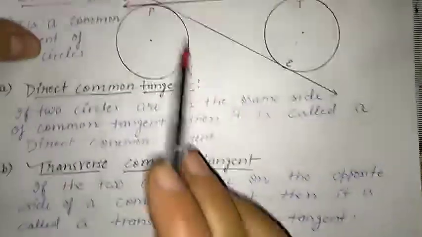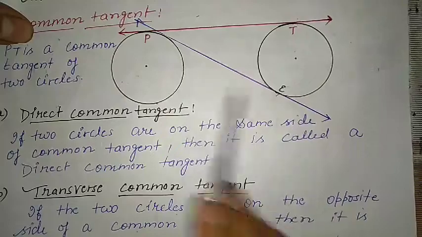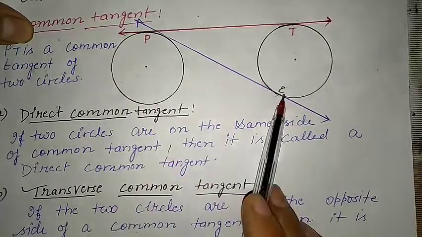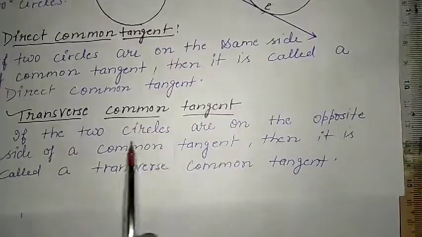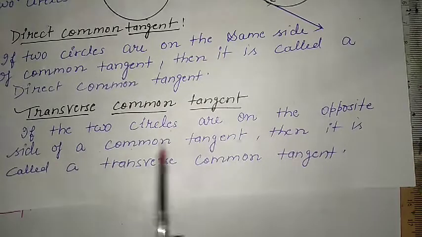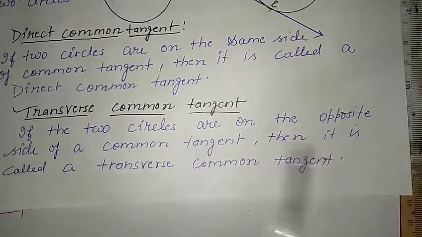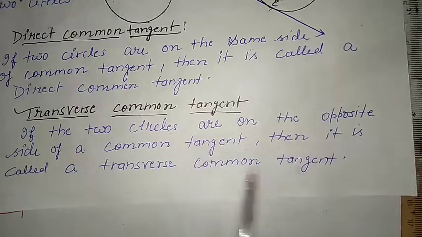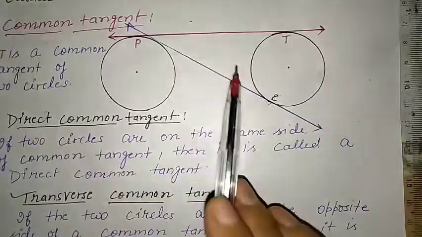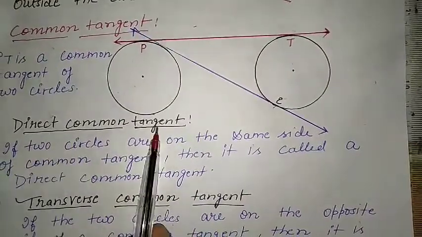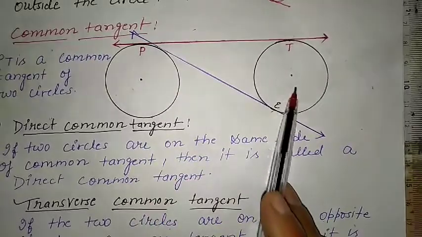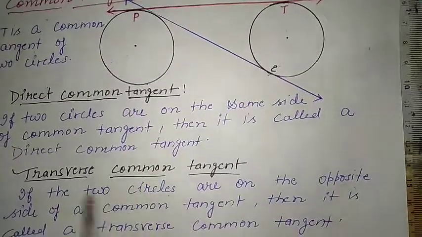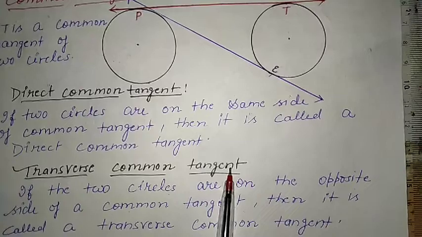If the two circles are on opposite sides of a common tangent, like PE, one on this side and the other on that side, then it is called the transverse common tangent. So common tangents are of two types: a direct common tangent when both circles are on the same side of the tangent, and a transverse common tangent when they are on opposite sides.